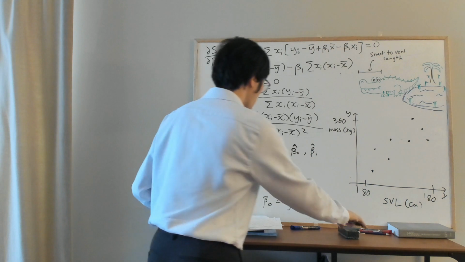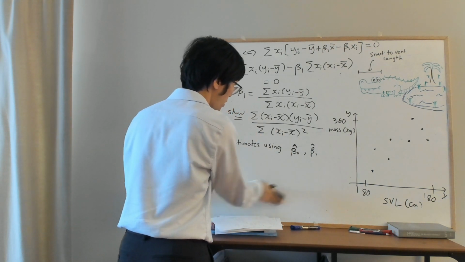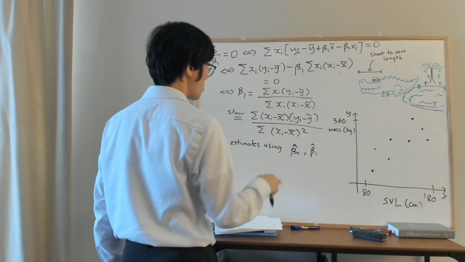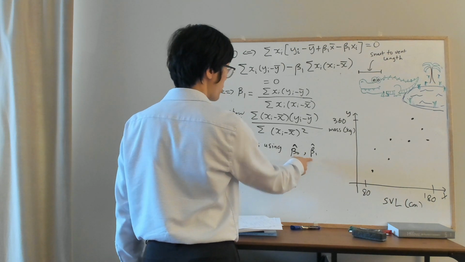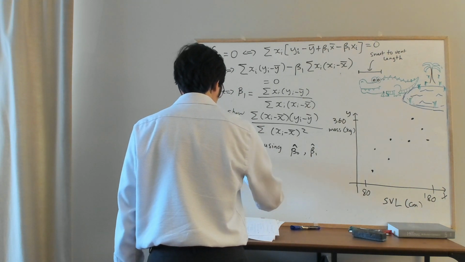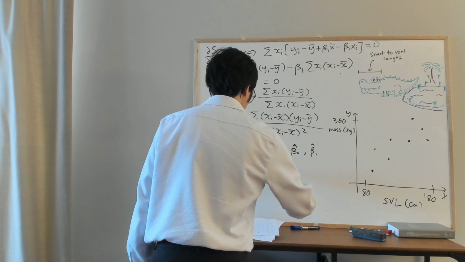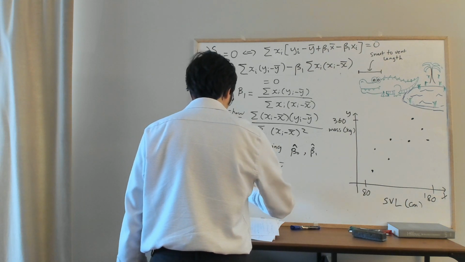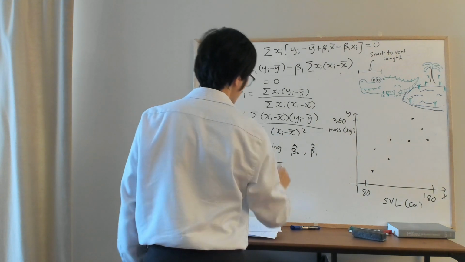Okay, so in conclusion, the line that we are fitting to the data has an estimated y-intercept beta 0 hat and estimated slope beta 1 hat from these two expressions. So beta 0 hat is y bar minus beta 1 hat x bar, and beta 1 hat, the slope estimate, is this expression.